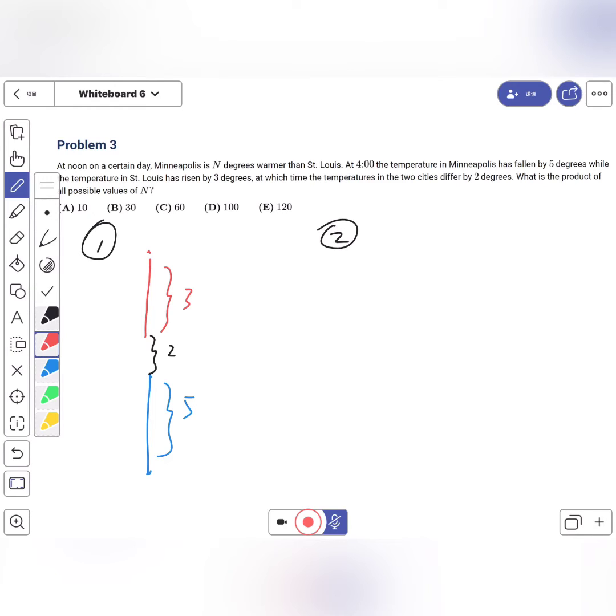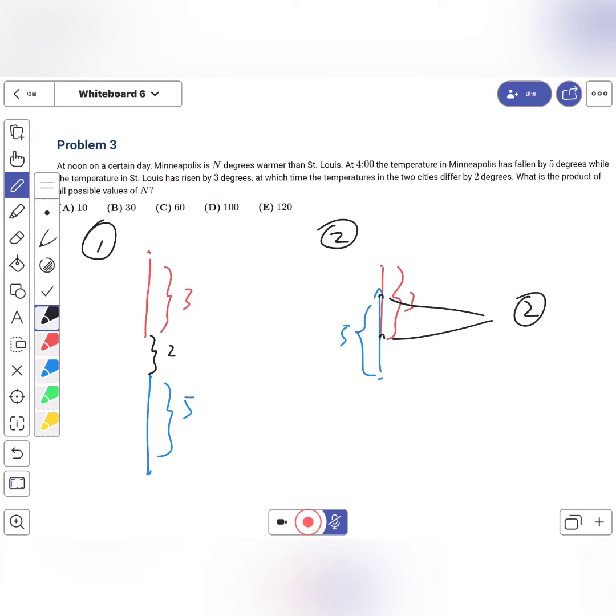The second case is when you have the black dot, the red dot, and the blue dot here. For red you go down by 3, and then for blue you go up by 5. However, you have the two dots overlapping, and this gap is going to give us 2.